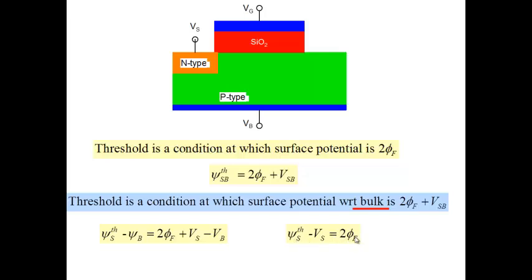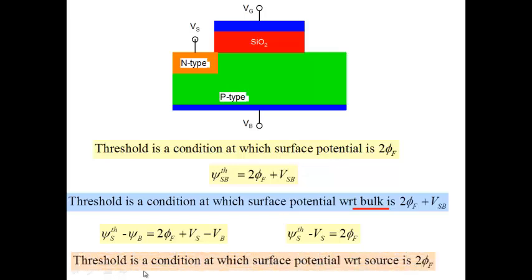What does this statement tell you? Surface potential with respect to source is 2 phi f. So this statement is not wrong, it is incomplete. Threshold is a condition at which surface potential with respect to source is 2 phi f. It depends on how you are saying it. If you just say surface potential is 2 phi f, well, it's incomplete.